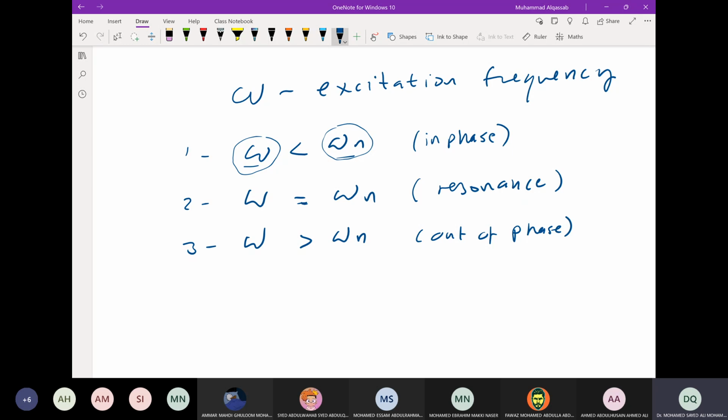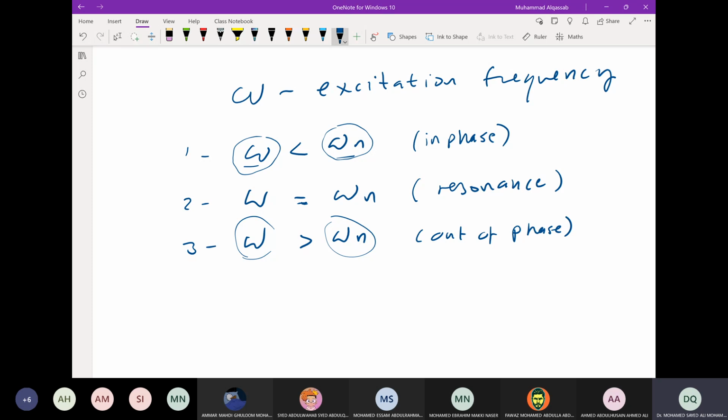And the same thing when omega is greater than omega n. Again, the time to complete one cycle is higher than when it is allowed to oscillate at natural frequency, and it will have low amplitude as well. Here, when omega equals omega n, by the time it is reaching maximum, you are giving it a push at the same time, in the same direction.